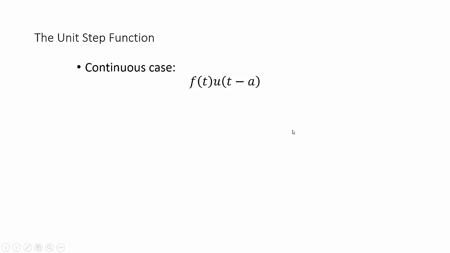Quite commonly, you will see a unit step function multiplied by some other function. For example, we can take our unit step function and multiply it by an exponential, e to the negative t. E to the negative t is a decreasing exponential that looks like this. Our u of t, because it's just t and not t minus 0, starts at time 0.